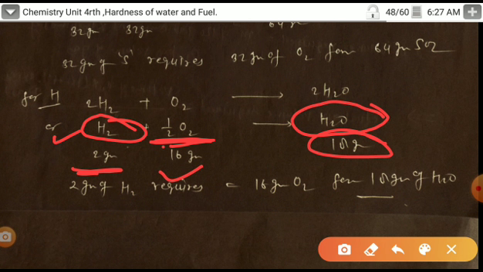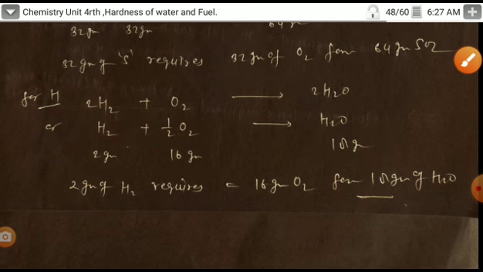So it is a simple concept of how a fuel is burned and how much oxygen is needed. So what chemical reactions will take place during the combustion of a fuel?